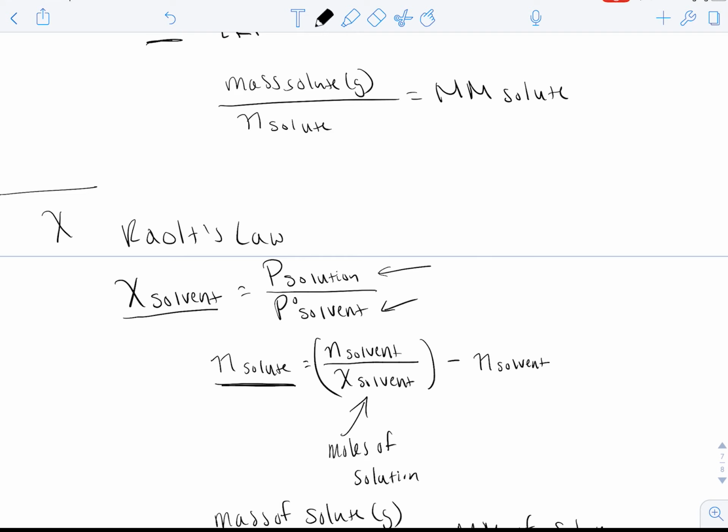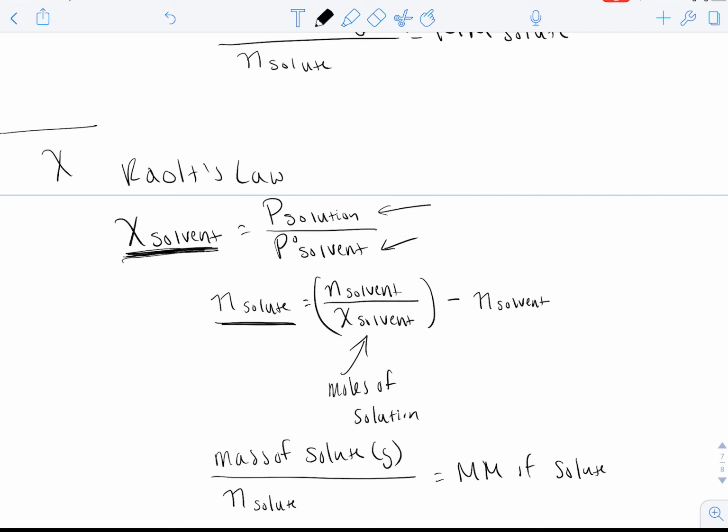So since we know our vapor pressure of our solvent in these cases and our vapor pressure of our solution, we can then solve for our mole fraction of our solvent. Then using that idea of the mole fraction of the solvent, we can use that to determine our moles of our solute by taking this ratio, which gives us our moles of our solution.